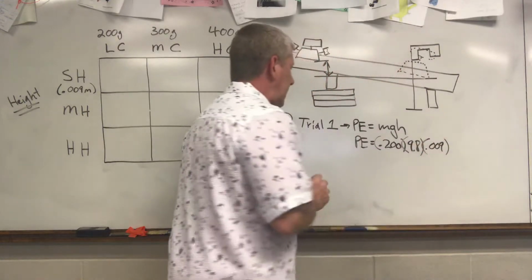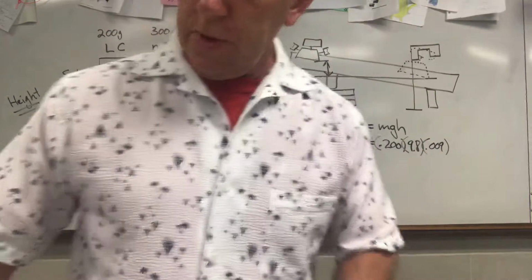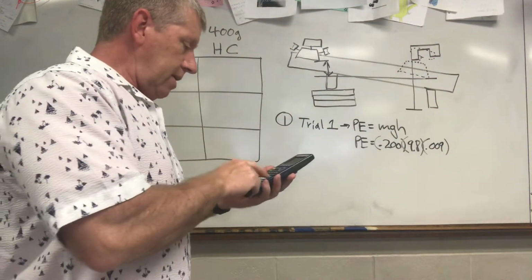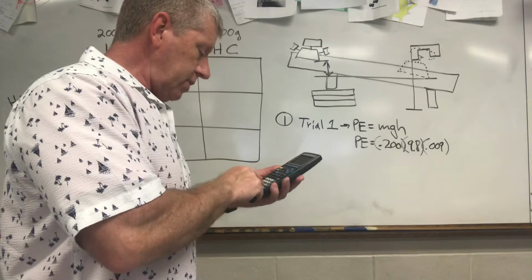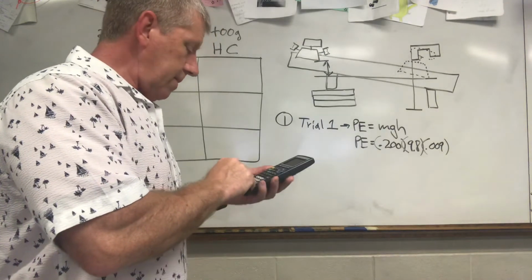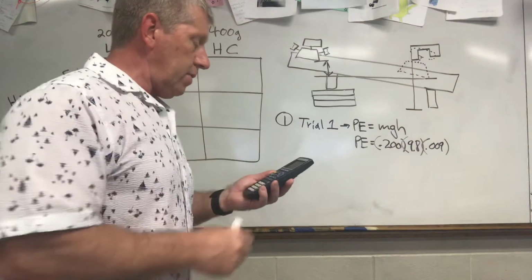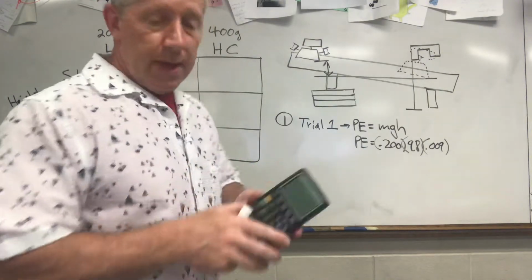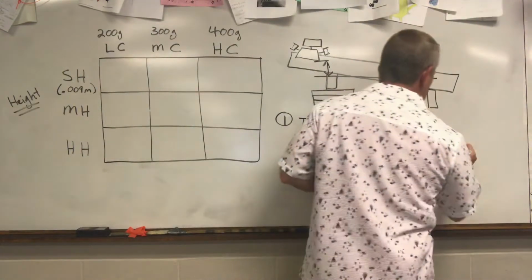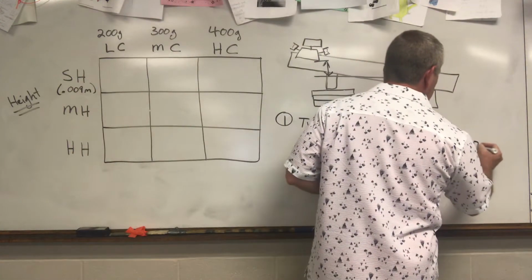So multiply that out, and you'll get an answer for the potential energy for trial 1 of that air cart. 0.2 times 9.8 times 0.009, and we would get 0.0176. Can you still see this, lab partner? 0.0176.